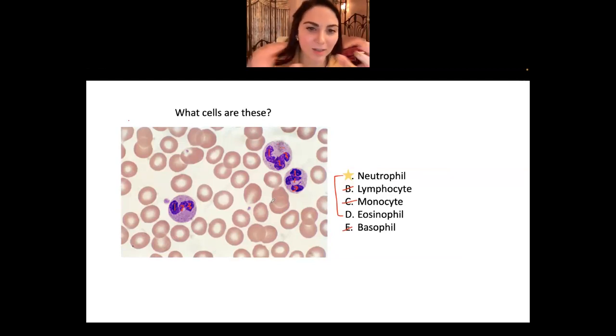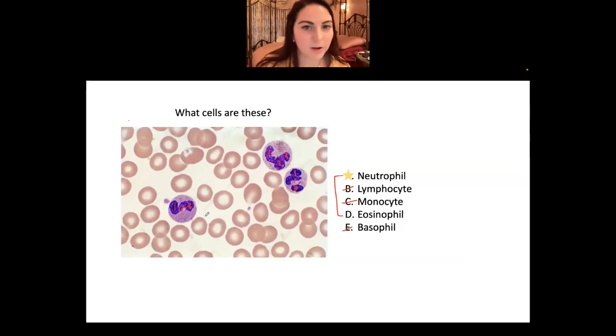I know it's hard because they're not right next to it, but these look like really wimpy granules compared to the bright pink of an eosinophil. Neutrophils and eosinophils, everyone confuses. So I just wanted to put one on here to remind you guys, these are neutrophils. Count the lobes of the nuclei, look at whether the granules are there, and then what color they are. If they're bright pink, eosinophils.